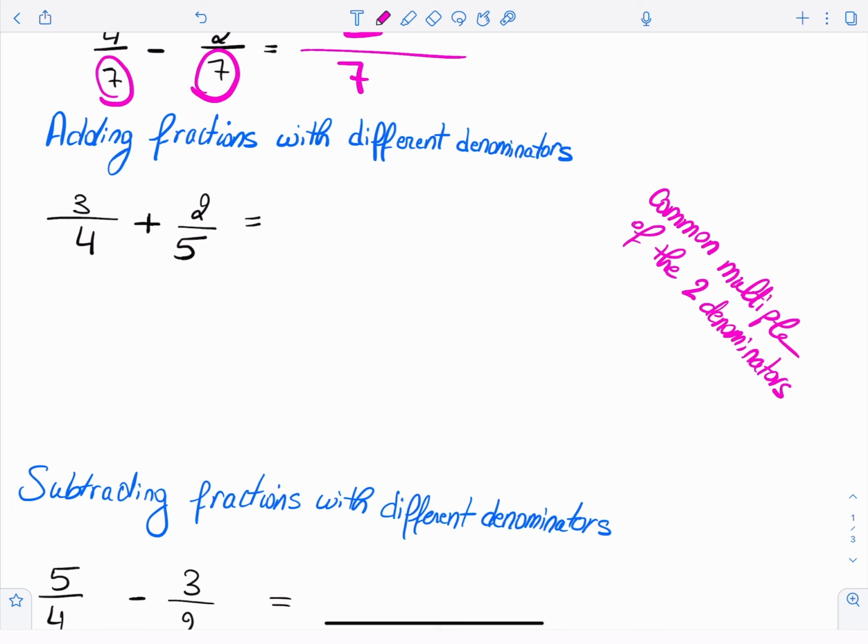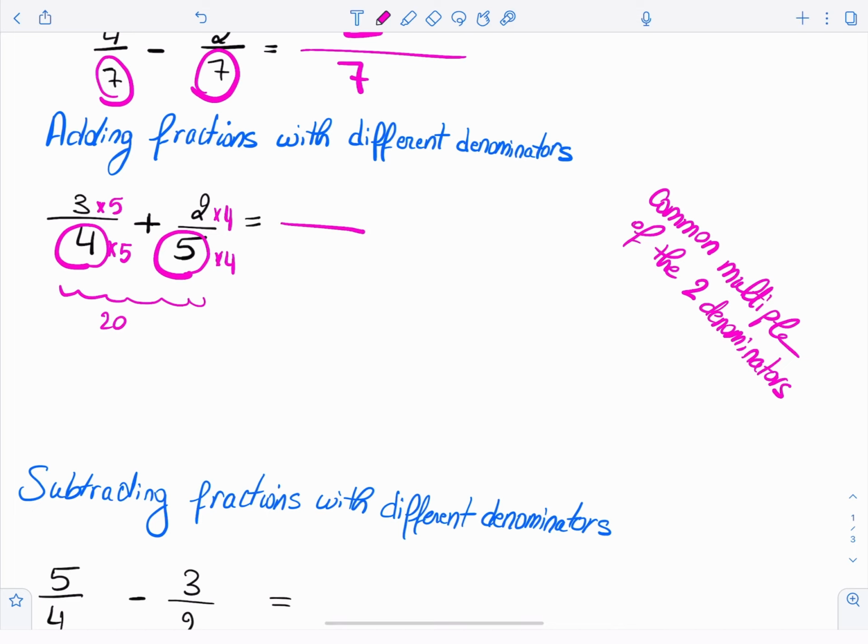If we look here, we have 4 and we have 5. How can we change them? How can we try maybe multiply with which number so we can have the same denominator? It's easy. What we can do, we can just multiply the 4 by 5, here by 5, 4 and 4, and then we will have the denominator 20.